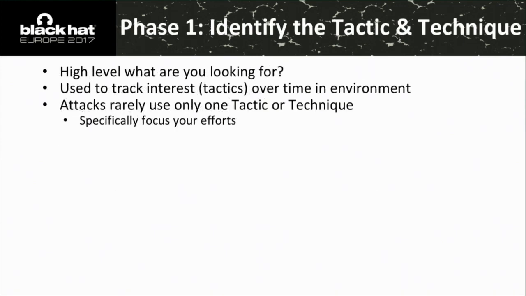So the first part is identifying the tactic and technique. So back to the MITRE ATT&CK matrix, the tactics are those broad column headers. So this is that high-level what you're going to look for. The initiating event, kind of the instigation for this, can come from any source really. It may be your CEO is worried about some type of attack.